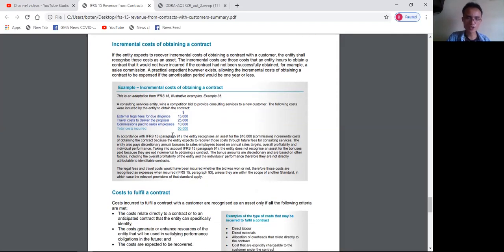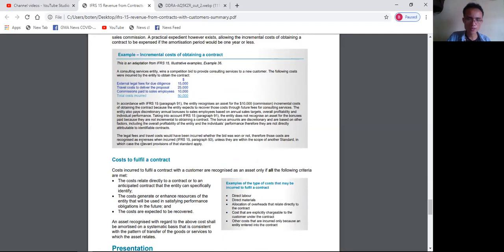So here's an example in which the costs incurred, the analysis is that the 10,000 will be considered incremental. The legal fees and travel costs are recognized as expenses because they are going to be incurred regardless of whether we are able to really pursue the contract.